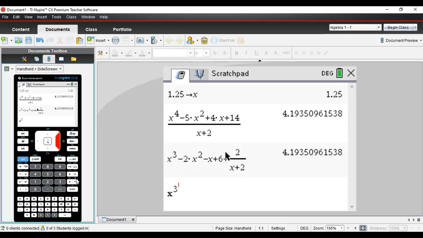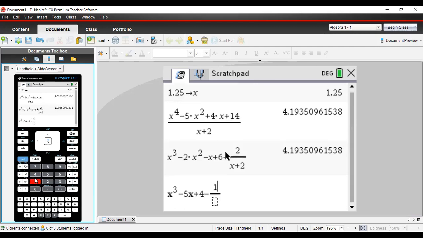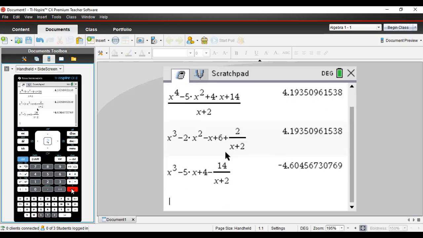Minus 5x plus 4 minus control divide 14 over x plus 2, press enter. Oh, you can see those don't match. This is a negative number, so this one doesn't match.